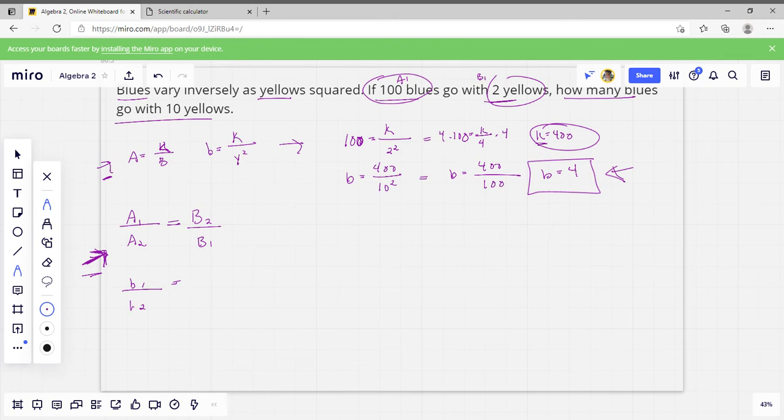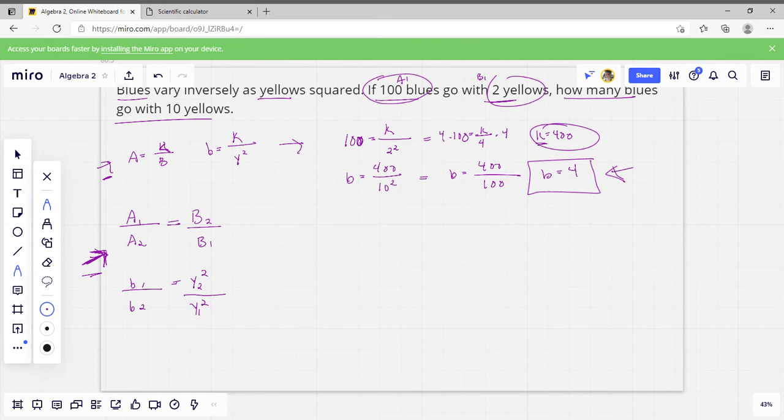B for blue. Blue 1 to blue 2. And then our yellow 2 to yellow 1. And then those have to be squared.